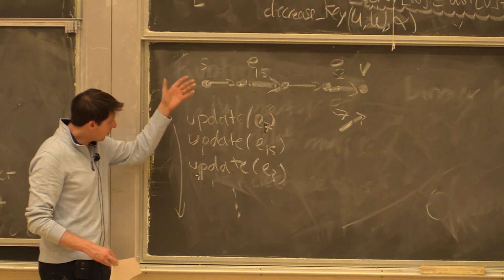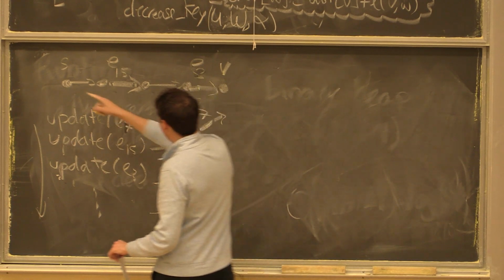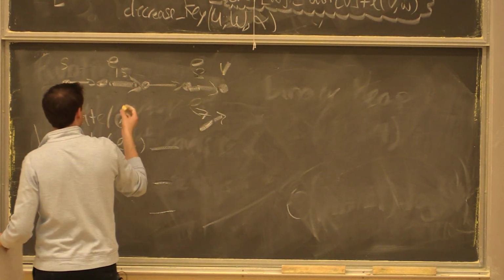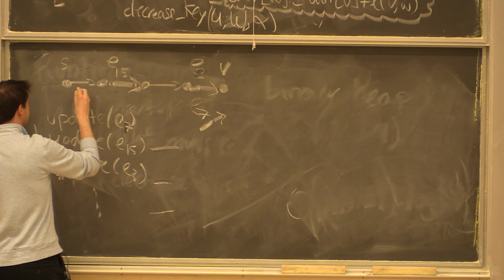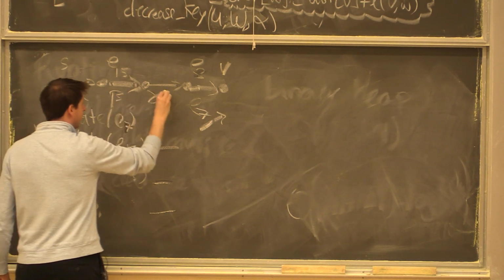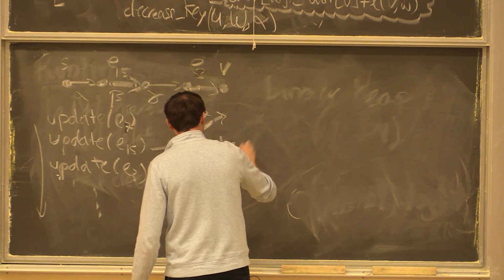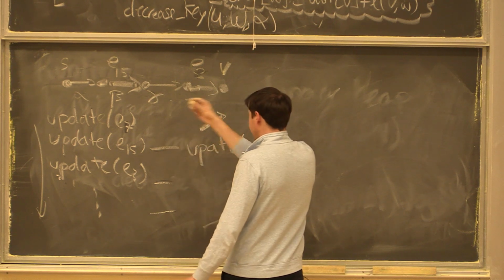I want to claim that in whatever order you write down, if as a subsequence you can find all these edges, so let's give a name to them. I already named them a little bit, but let's call them alpha, beta, gamma, and so on and so forth. You have update alpha as, say, the third in the sequence.